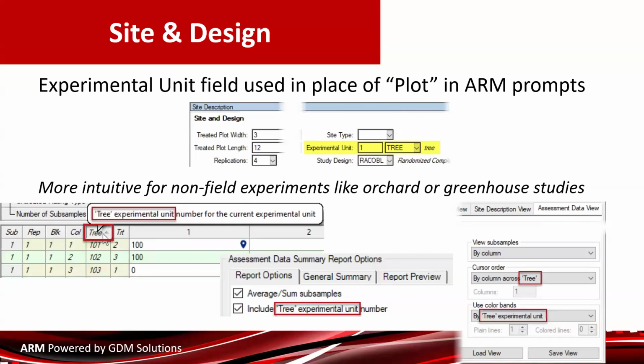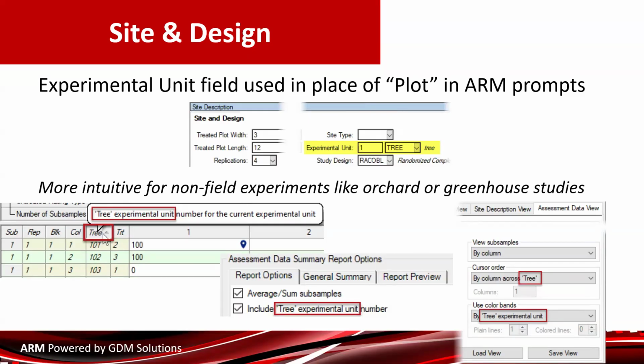If you fill in this experimental unit, then even just on the various interface places in ARM in this one trial, that word plot can be replaced by that description, that experimental unit. So my screenshots here show that working with an orchard study, and my plot really is just a tree.